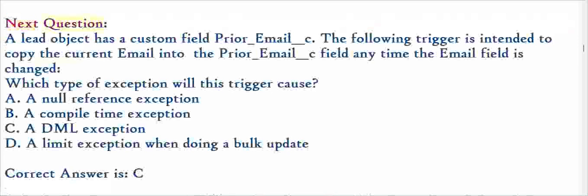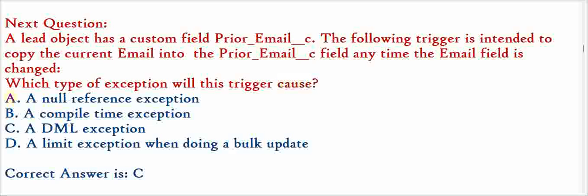Next question. A lead object has a custom field prior_email__c. The following trigger is intended to copy the current email into the prior_email__c field anytime the email field is changed. Which type of exception will this trigger cause?